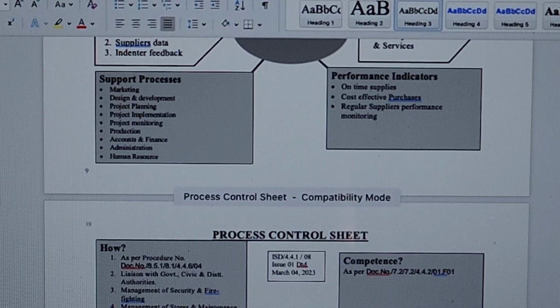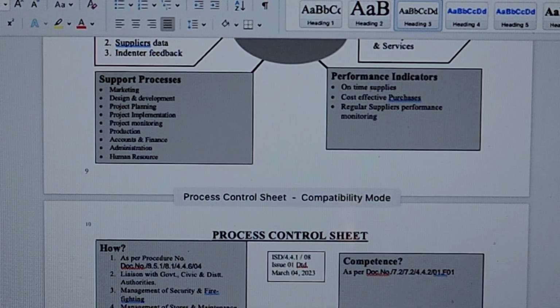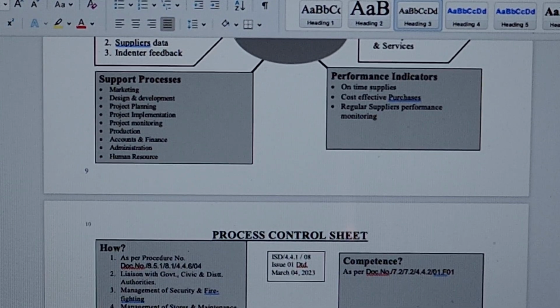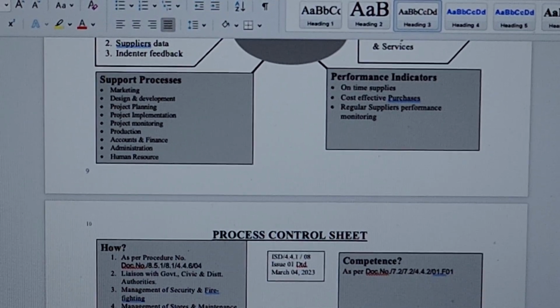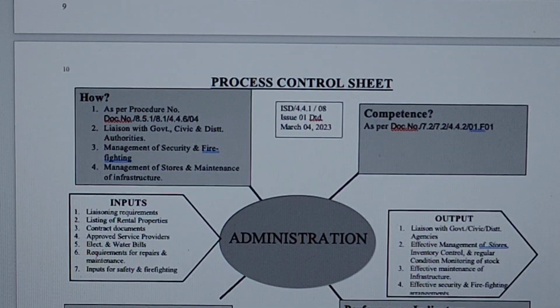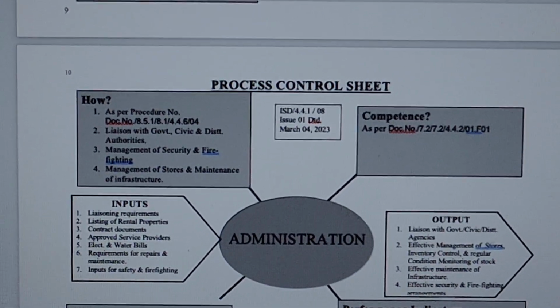So let us go to the next sheet. Let me see why it is not moving. Yeah, administration.